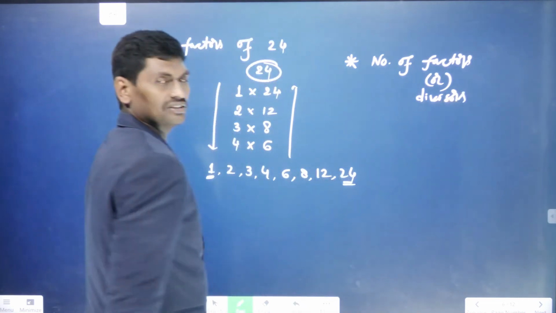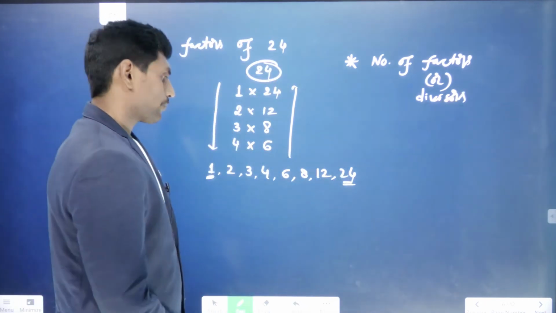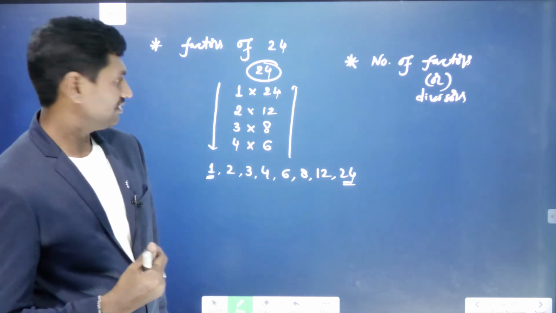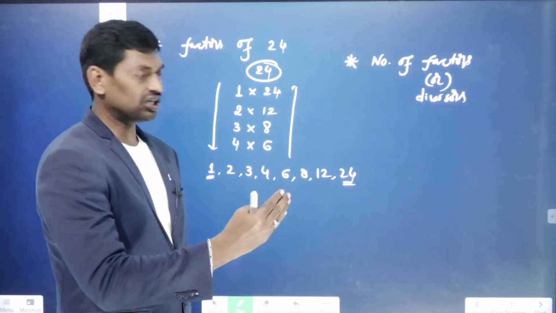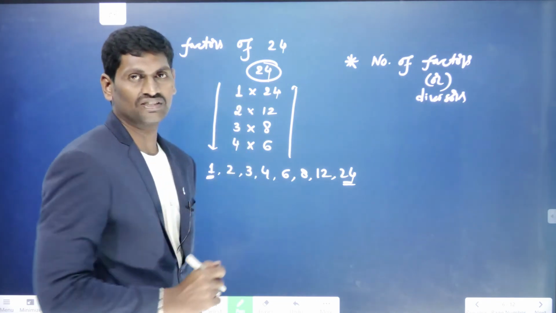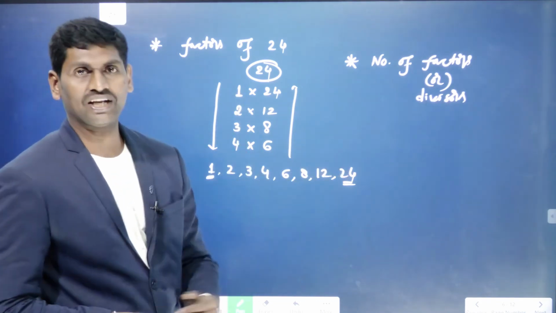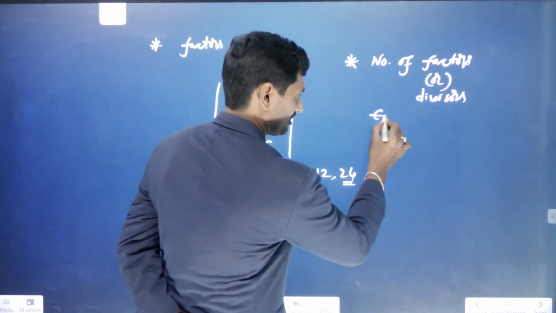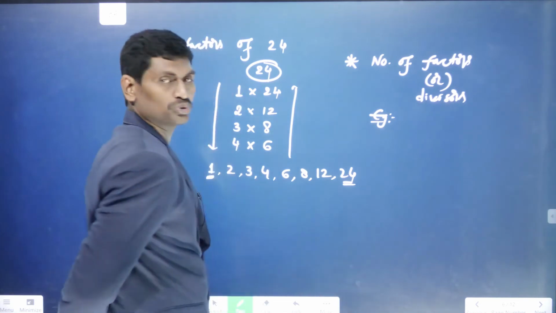Okay na? So to tell its count, we have a shortcut. For finding all the factors, we have to do the same process. But finding the number of factors, we can find easily. Let me explain through an example.